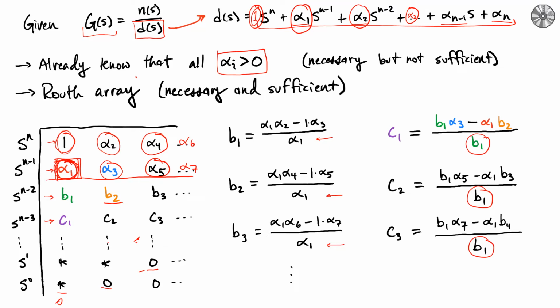So to calculate C1, we take B1 times alpha 3 and subtract away alpha 1 times B2 and put it over B1. For C2, we do the same thing, using the first and the third columns. We multiply B1 and alpha 5 and subtract away alpha 1 times B3, and then again put it over B1.